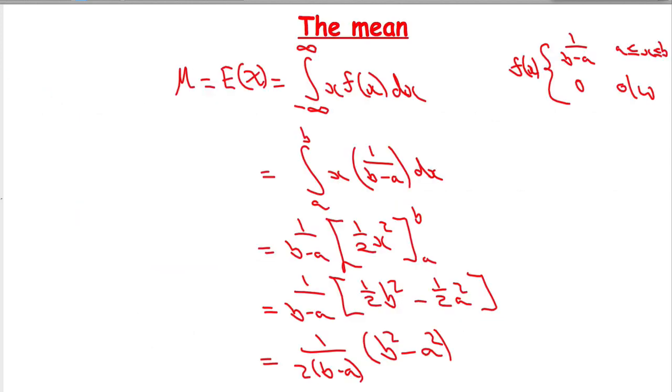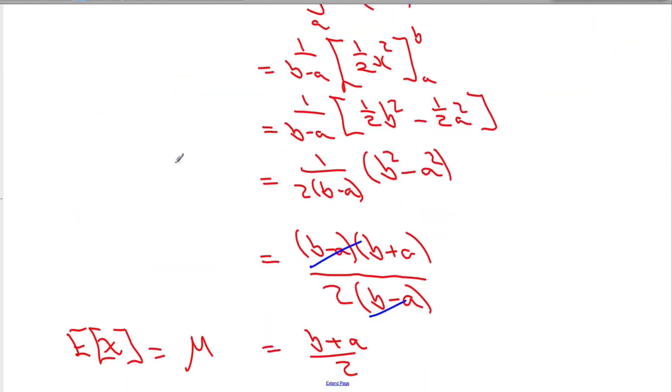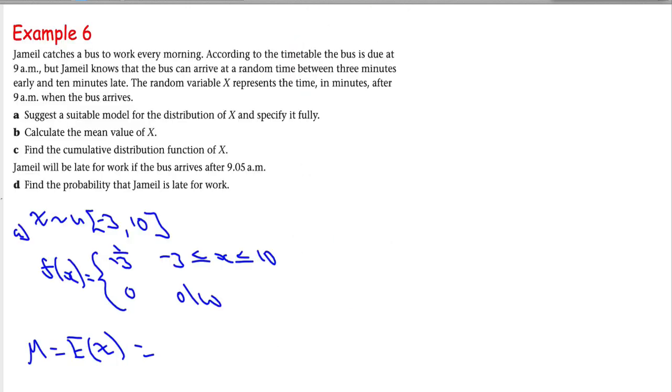The mean is b plus a over 2, so let's just make sure we're doing this right. B plus a over 2 is going to give me 7 over 2, and 7 over 2 is 3.5. Okay, that's the mean. Find the cumulative distribution function of x.